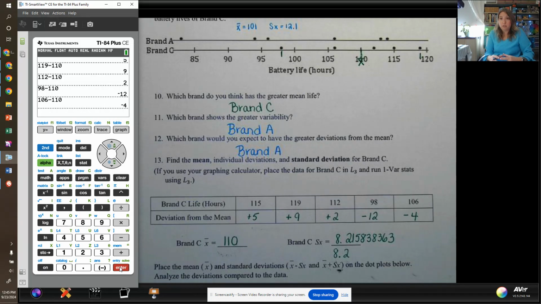When finding deviations from the mean, it is always the data value minus your mean, minus your average. Use Stat, arrow right to Calc, and 1-Var Stats on your data sets to find Sx, to find your standard deviation.